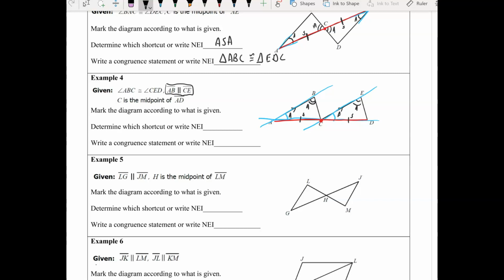Notice that the side that I marked with an S is not the one between the two angles, it's the one on the outside, non-included angle. So we've got the shortcut here, angle, angle, side, and the congruent triangles are triangle ABC is congruent to triangle CED.